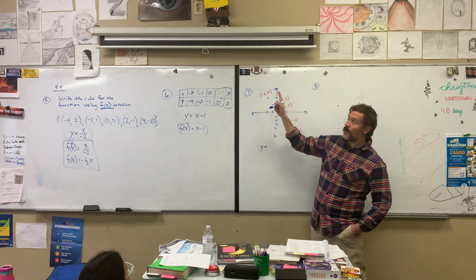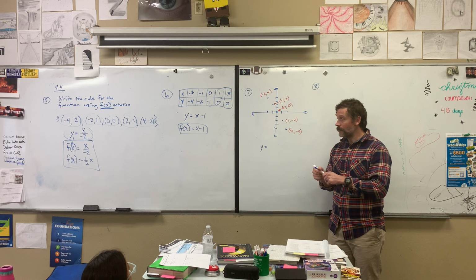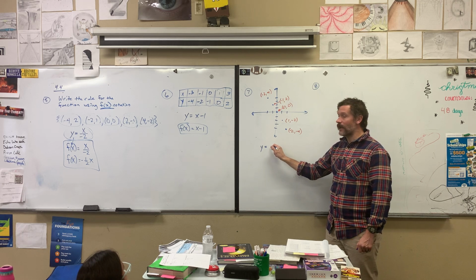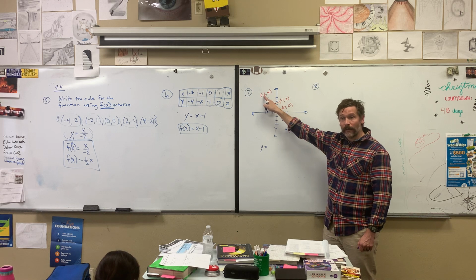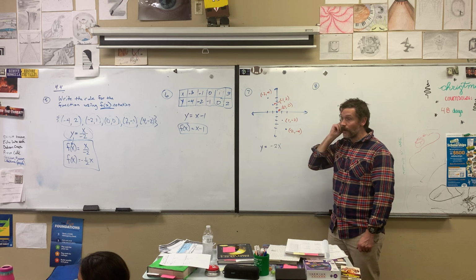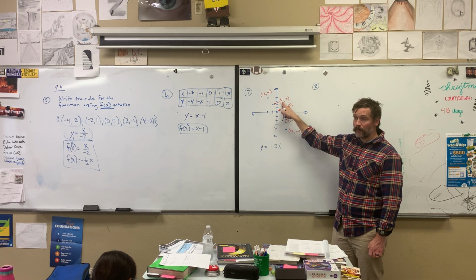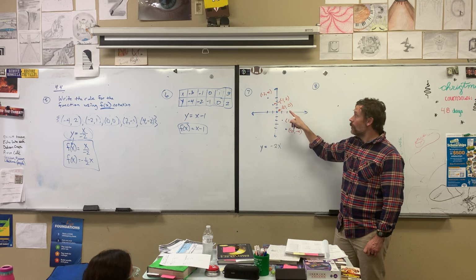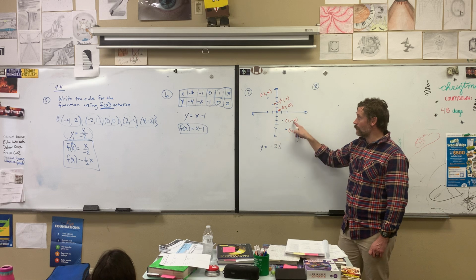So what's another way you can get from -2 to 4? Multiply by -2. So when you plug in -2 for x, you multiply by -2, you get to 4. So -2 times x would be our potential rule. When you plug in the -1 and multiply it by -2, you get out 2. When you plug in 0, you get out 0. When you multiply 1 by -2, you get out -2, and so on.